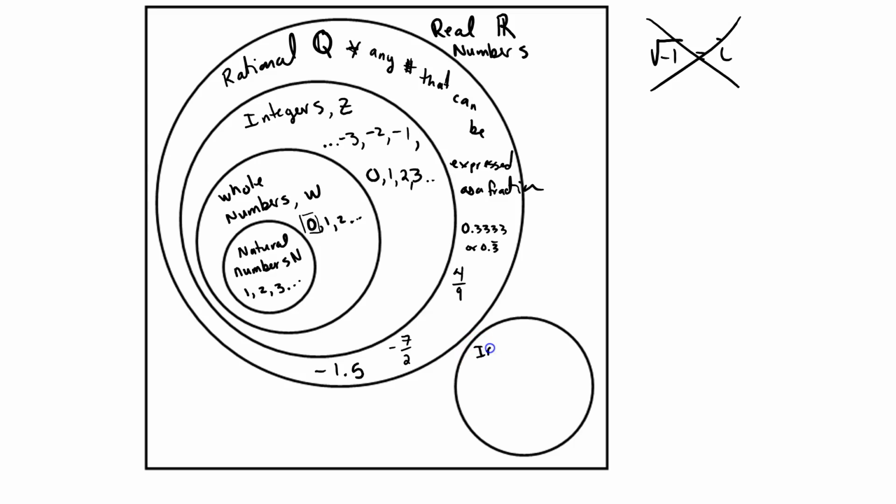This is irrational numbers. So this could be described as pi or phi, which is the golden ratio, a number that goes on forever. Or we can say negative 7.3621589. There's no pattern here. It just keeps on going forever and ever, just like pi.